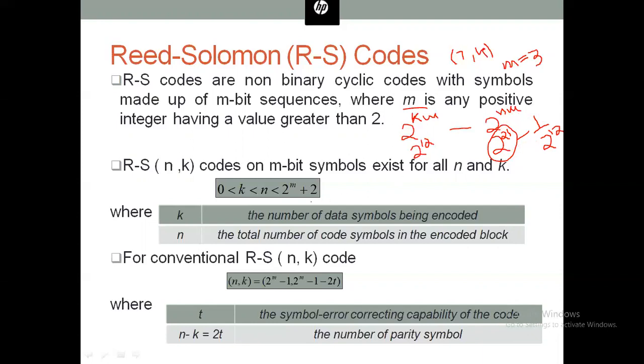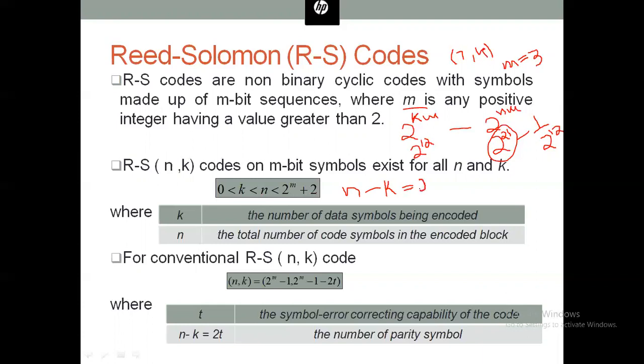So the condition for this is that k will be less than n, and n should be less than 2^m + 2. Or we can say that the difference n minus k is equal to 2t.